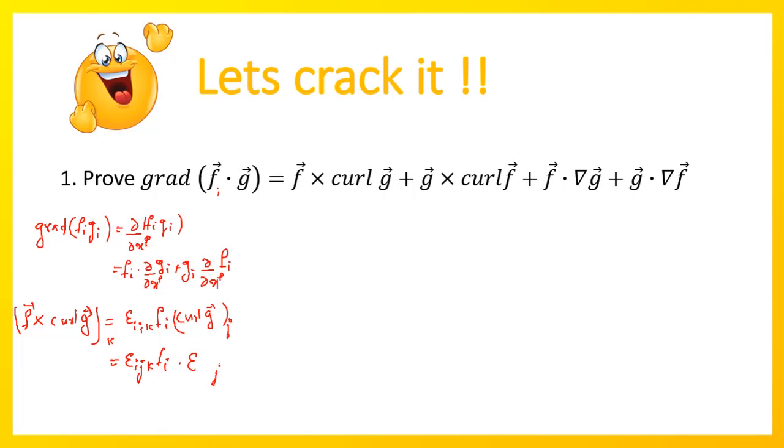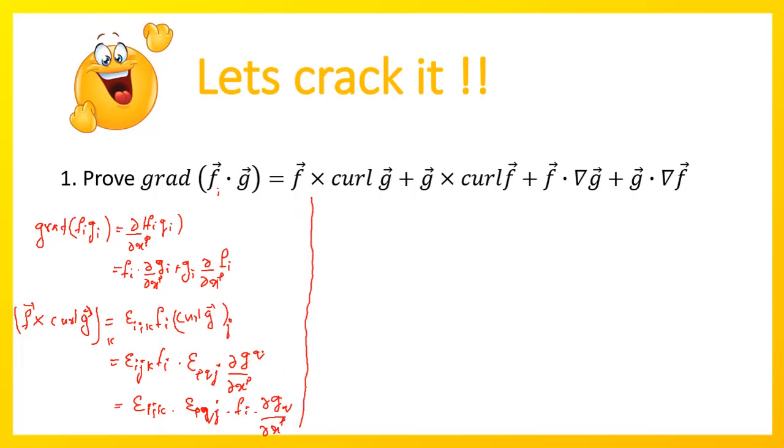Therefore, the third Levi-Civita symbol will be j, and we can replace it with two other indices, say P and Q. Okay, P and Q. Now we have curl, and the first term should have this index, so ∂/∂xp, and the second term, that is g, carries the symbol Q. Now I can just write epsilon ijk into epsilon PQj fi into ∂gQ/∂xp.